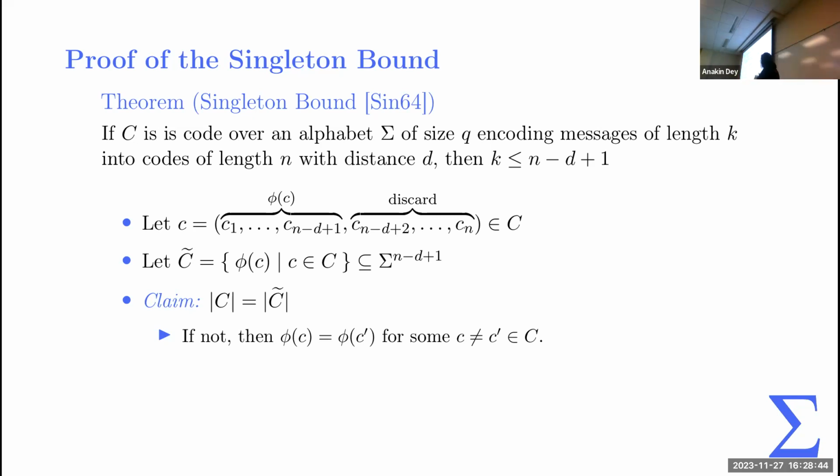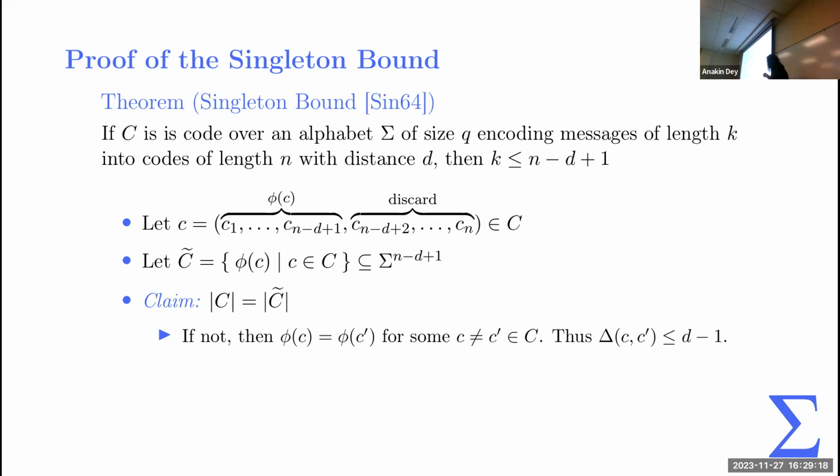If not, then you would have that phi of c is equal to phi of c prime for some c not equal to c prime, right? Two words must have gotten mapped to the same phi. But this is a contradiction. The distance of c and c prime would have to be less than or equal to d minus 1. That's how many letters we discarded: d minus 1 letters.